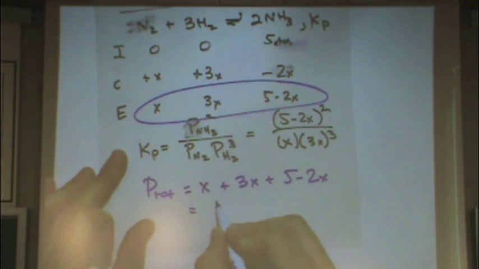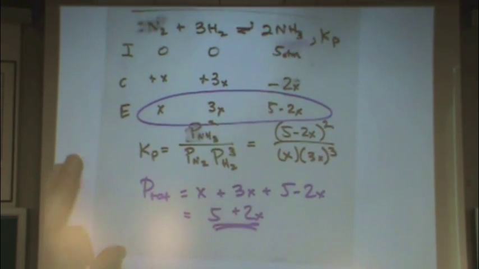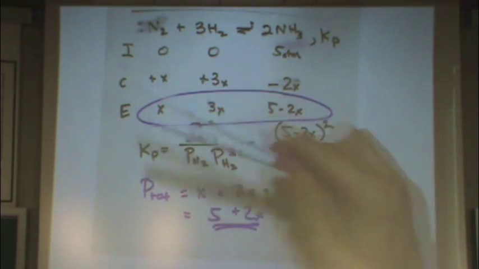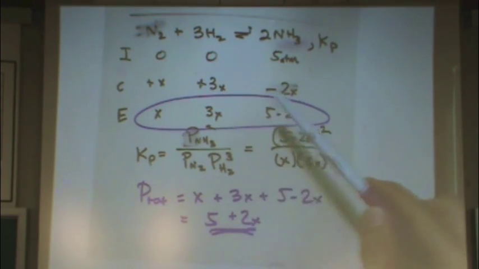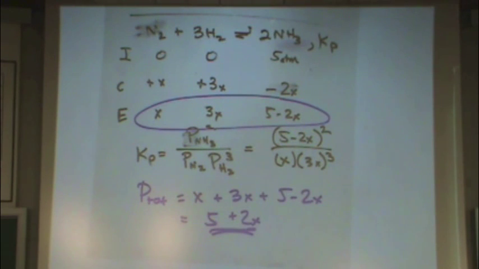So in our case, that would be 5 plus 2x would be the total pressure. So once you find x from the equilibrium expression right above, then you can solve for the total pressure if we ask that. But it's a common way for us to pair P total with this ICE table sort of question.